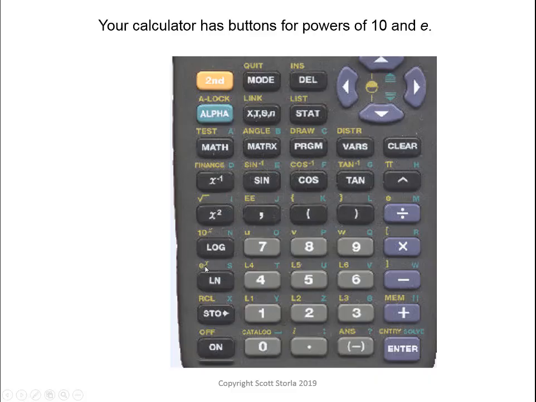Now to access the 10 to the x and the e to the x, you'll have to first push the second function button. And you kind of know that because if you look at the colors of these two, it kind of matches this color. So to find a power of 10, you'll first push second and then log. And to find a power of e, you'll push second and ln.